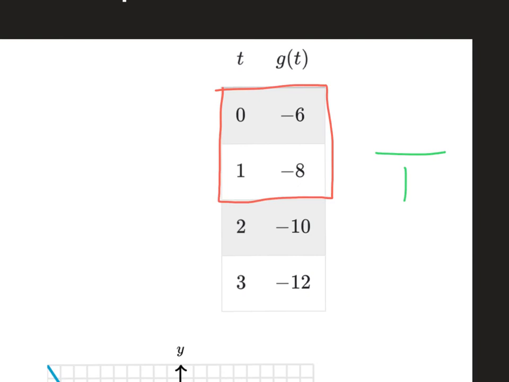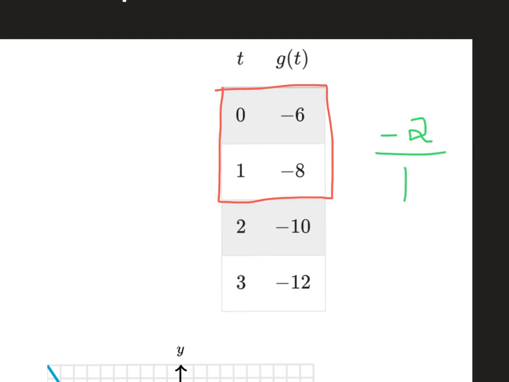So our rise was -2 because we went down 2 from those 2 points. I want to make a quick point here: no matter what 2 points we chose in our table, our slope will always be the same. Regardless if we chose these points, or even the middle 2 points, it would still be -2 over 1.